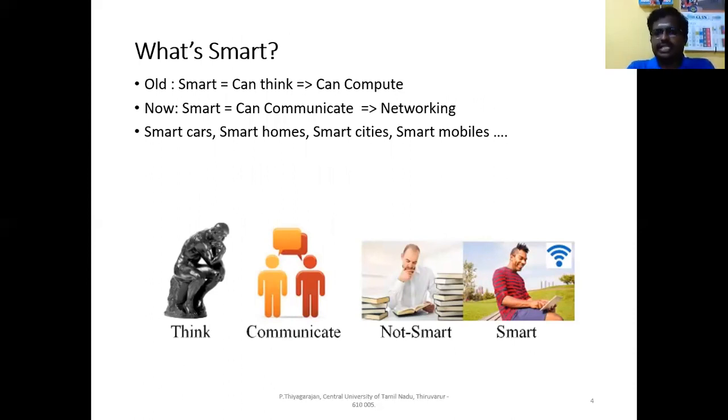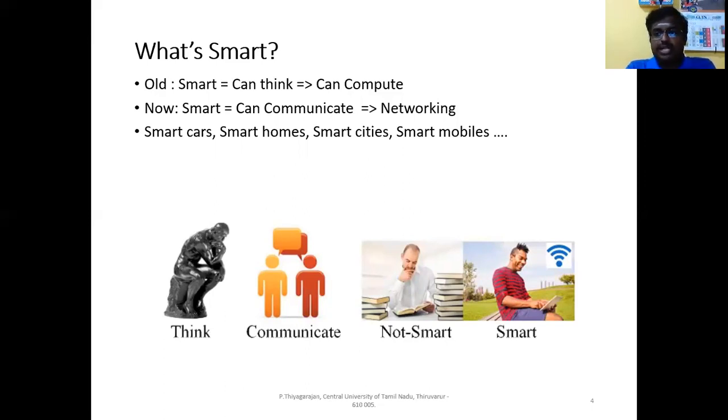Before the introduction of networking, what did we say was smart? Is smart something that thinks, or somebody who can compute? That is the older definition of smart: someone who can think and act, putting some computational thinking on it, then we can call that device smart.